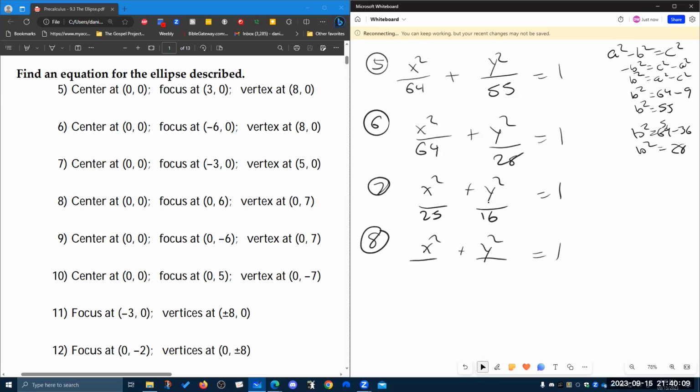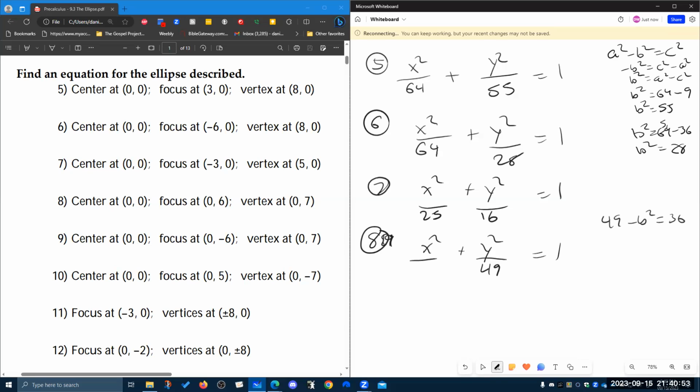Also centered at (0, 0), has a focus 6 away from the center. Vertex 7 away from the center in the y direction. So 8 and 9 are going to be the same equation. We have 49 minus b squared is going to be 36.